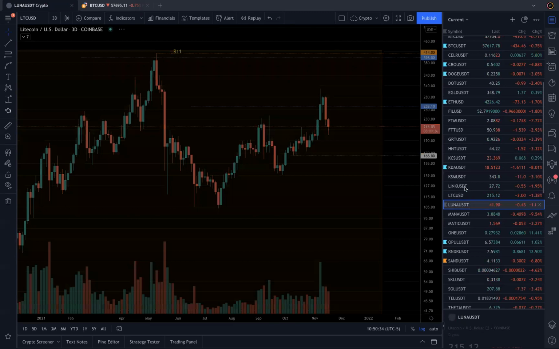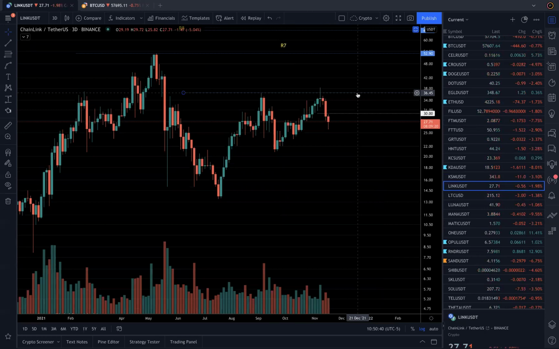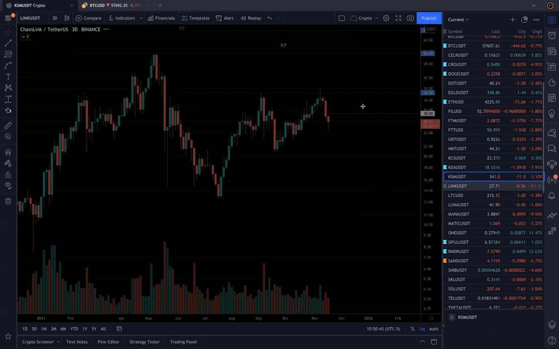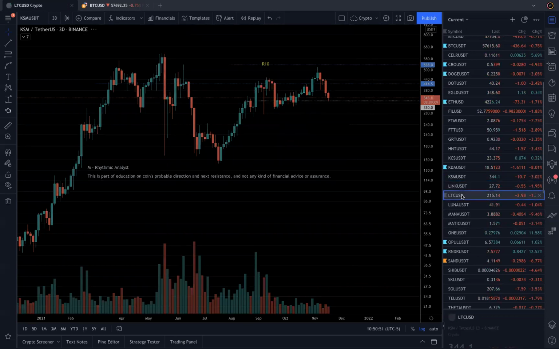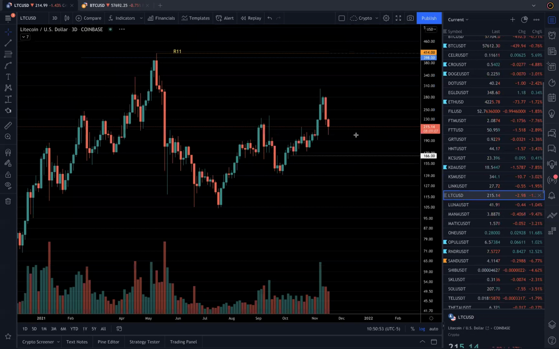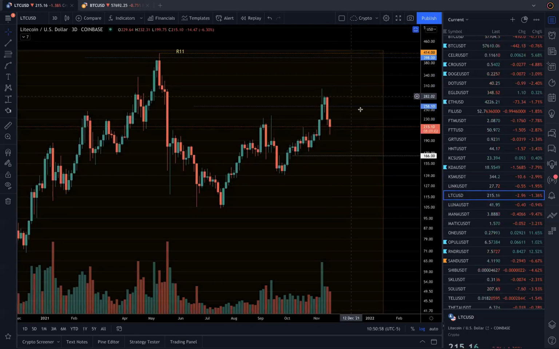Opportunity-wise, I should mention, it has to break above R6 for Link. And for KSM, it has to break above R10, nothing less. LTC we talked about. LTC has to break above 258.